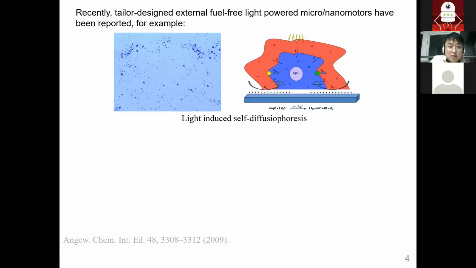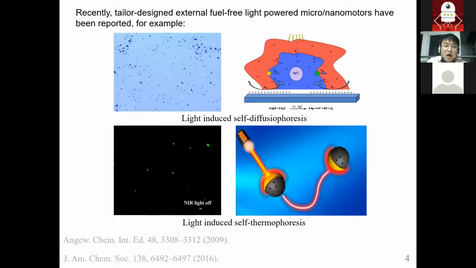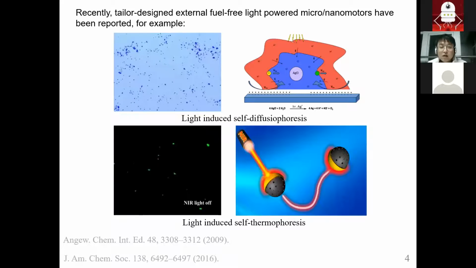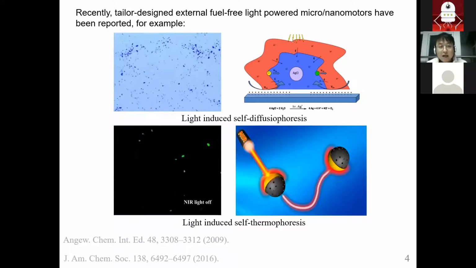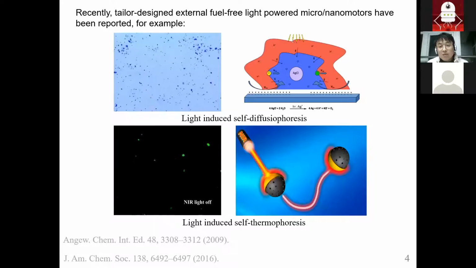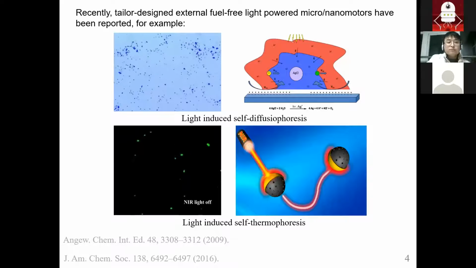Another case is light-induced self-thermophoresis: upon light irradiation, the Au side of the Janus micromotor reaches a higher temperature, thus forming a temperature gradient to propel the micro and nanomotor.